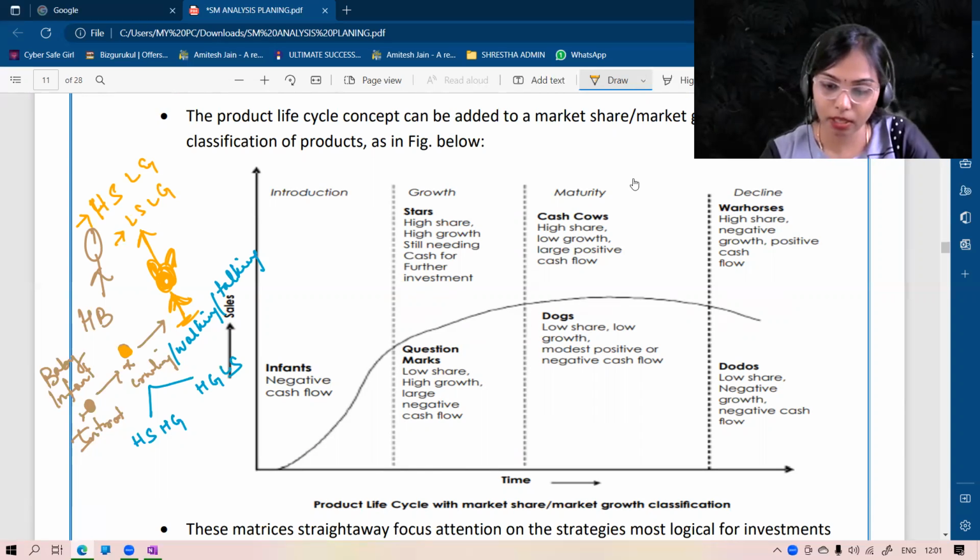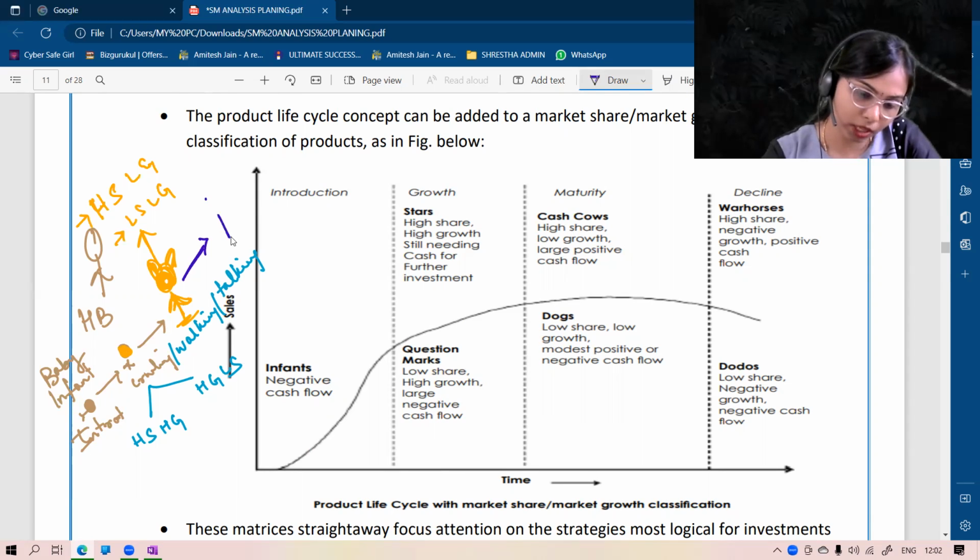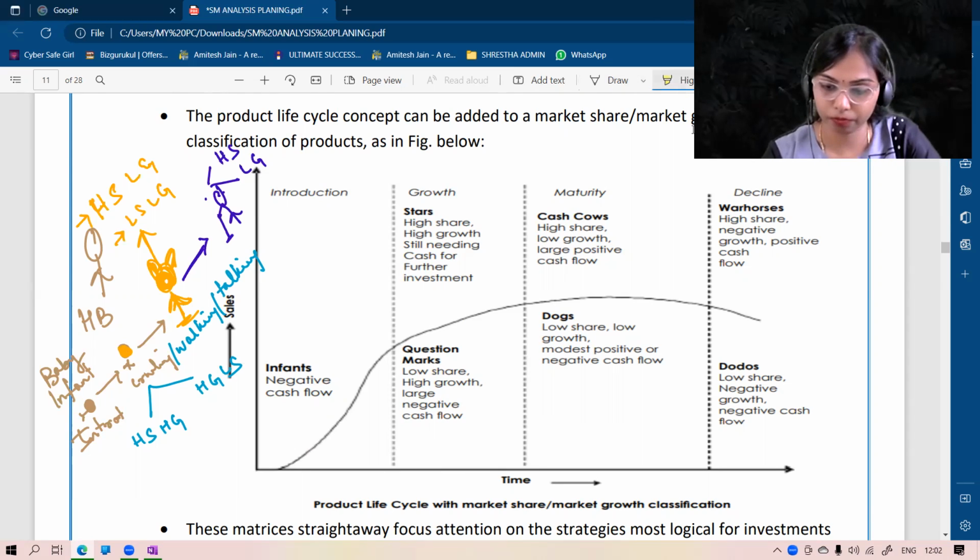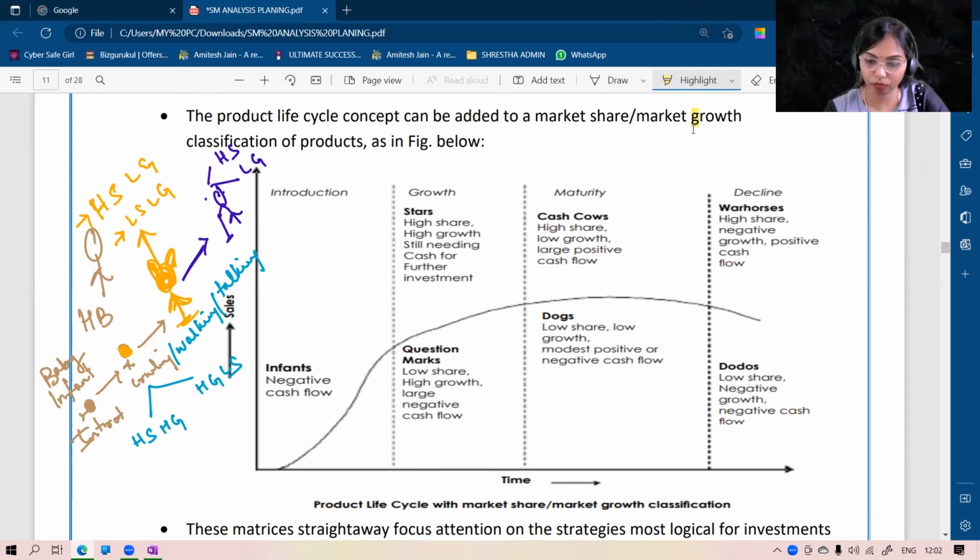Later, this person becomes old and has to hold a stick. Here too there are two ways: high share, low growth, and another option, low share, low growth.